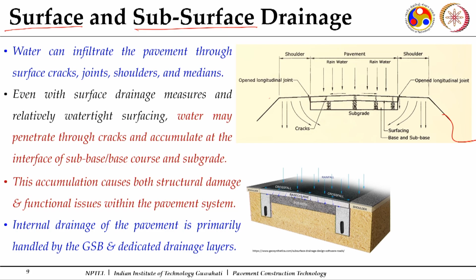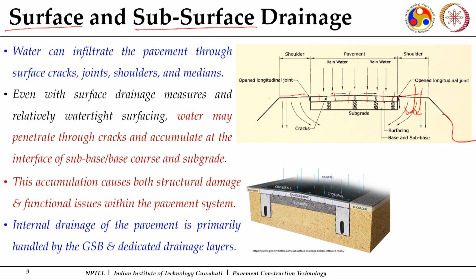So water can infiltrate the pavement through surface cracks, but even in this particular case there are chances that water may go down. Now this is a sealed surface, but the chances are there. How do the chances arise? In due course of time, during the life of the pavement, cracks may come up on the pavement surface. In addition, you may have earthen shoulders which may not be properly constructed.